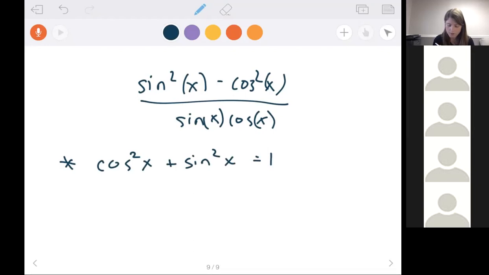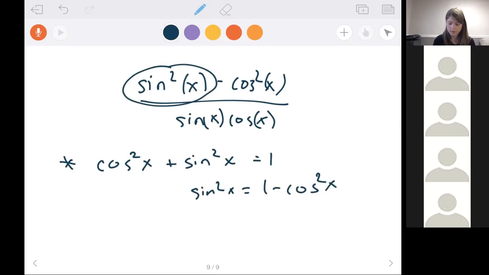And if I wanted to, I could replace sine squared with 1 minus cosine squared, or I could replace cosine squared with, in this case, 1 minus sine squared. Just taking our identity and transforming it into the alternatives.